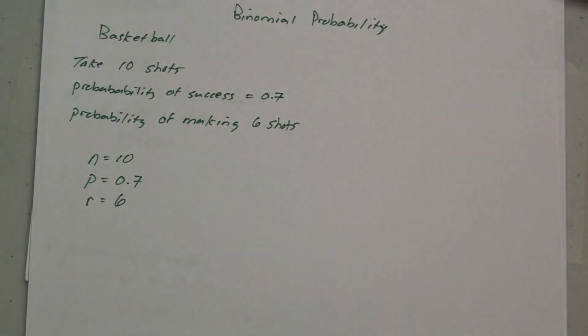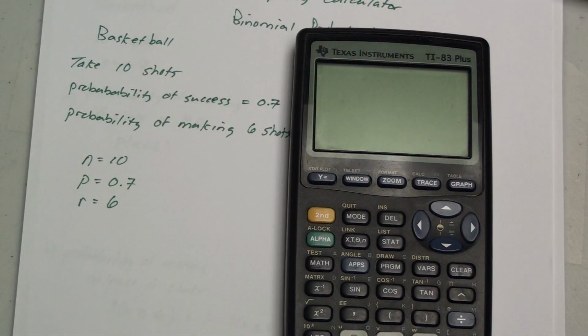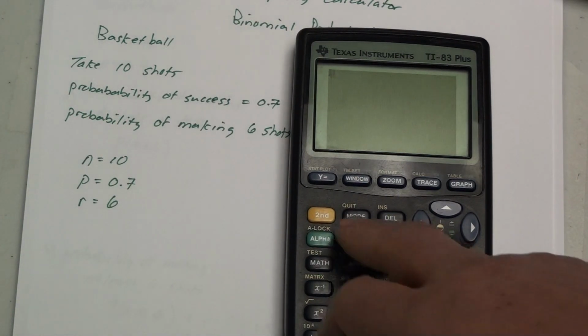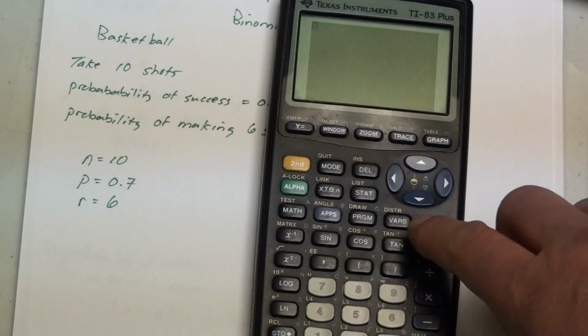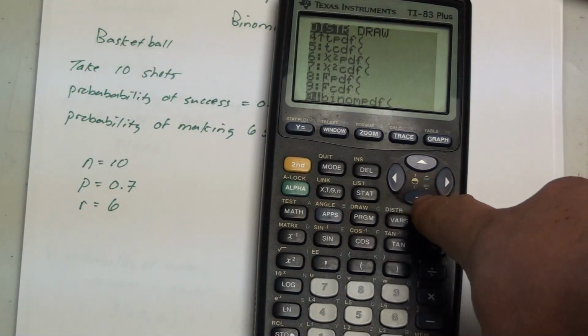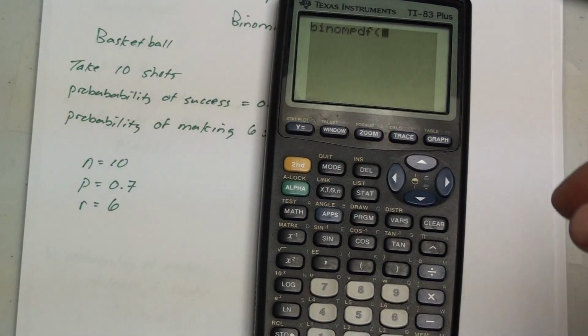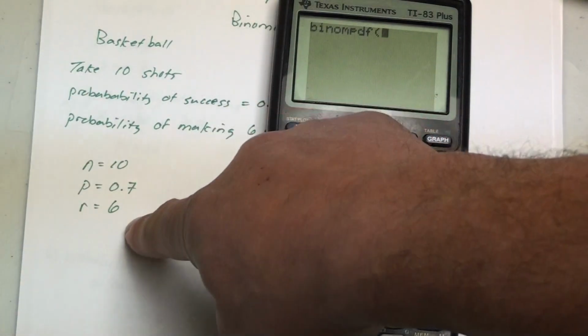If it was on a Texas Instruments TI-83 Plus, or the regular TI-84 Plus or Silver editions, most things would be the same. I'd go second, then distribution, and scroll down until I got to Binomial PDF. I would hit enter. This time I'd have to put the numbers in exactly, so I would have to know the order, which is n, p, r.